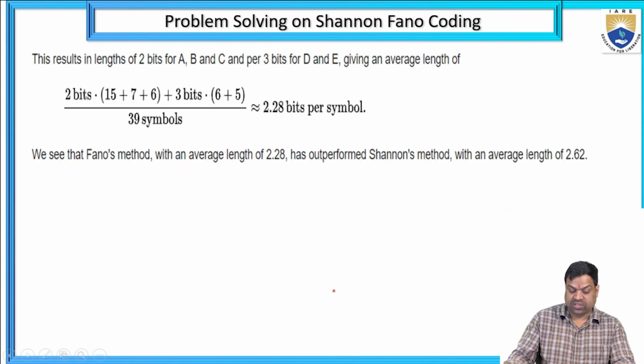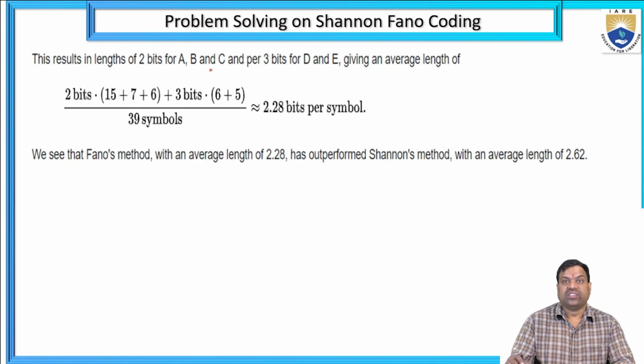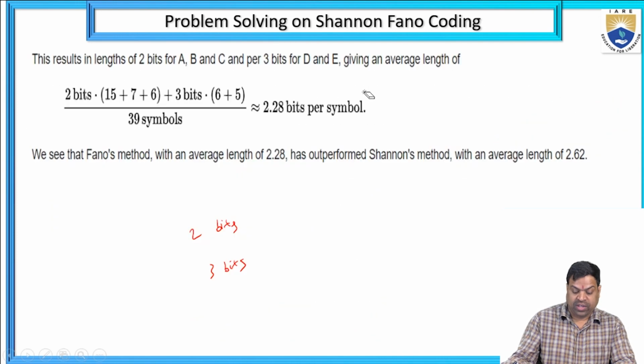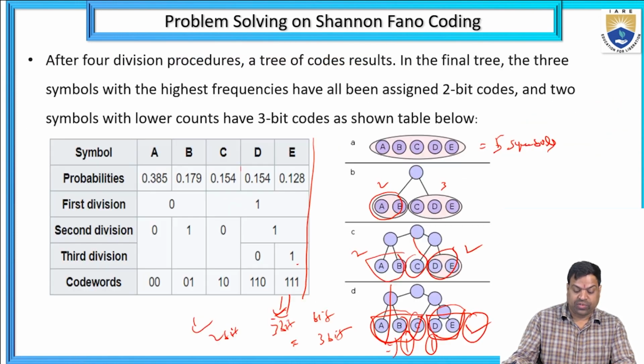Okay, like this. So the result is 2 bits for ABC and 3 bits for DE, given the average length equal to, so how many 2 bits are there? You can see how many 3 bits are there. We can observe here. So here 2 bits are taking 15 plus 7 plus 6.